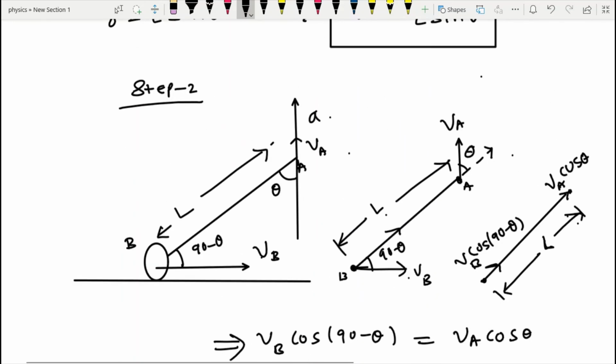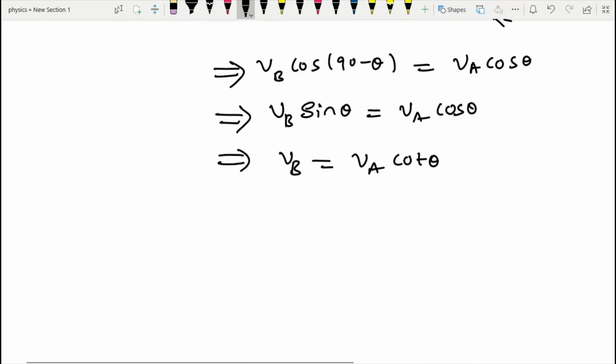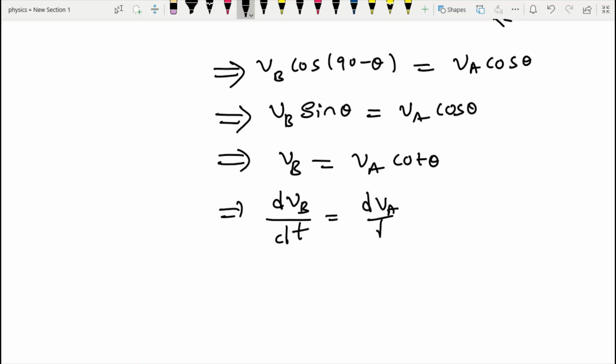So now let us differentiate this equation. dVB by dt is equal to dVA by dt times cot theta. dVA by dt means it is acceleration. So this is the acceleration of B, the ball.